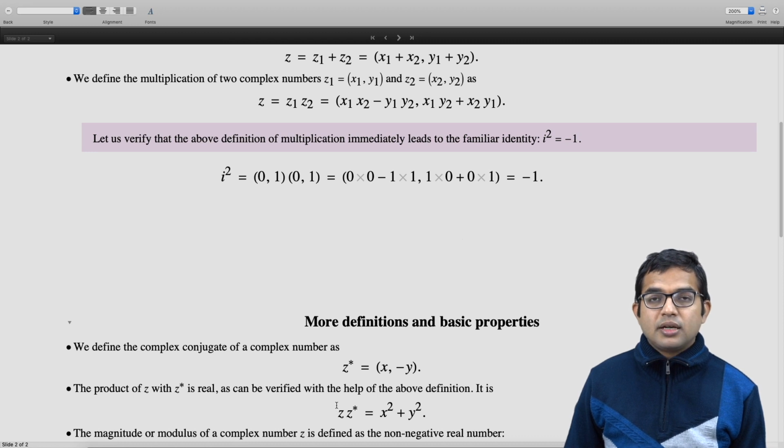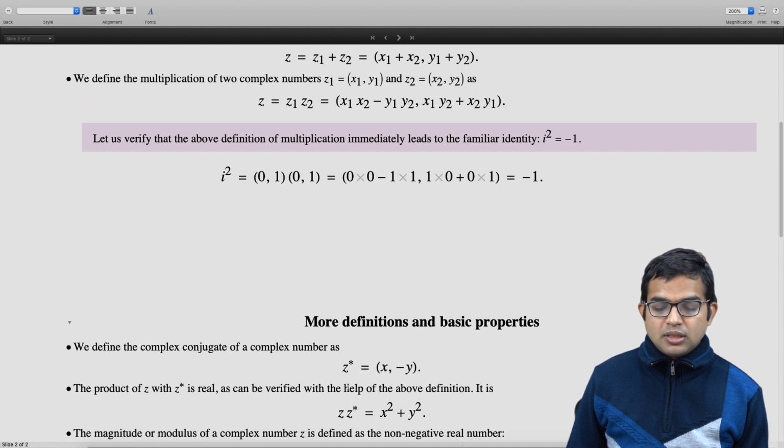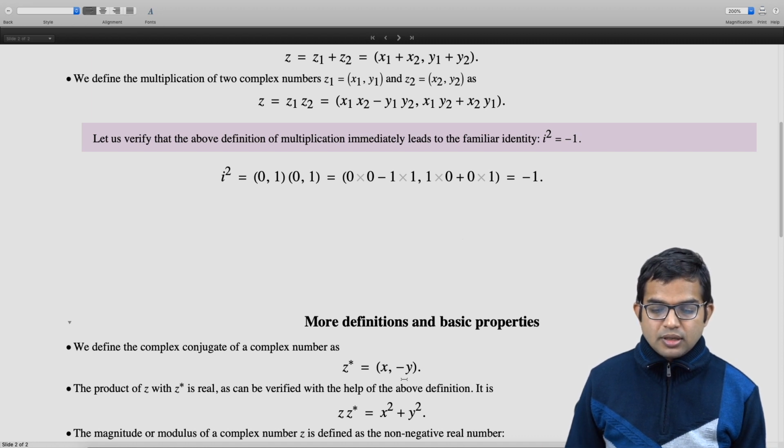You can check that z times z star is nothing but x squared plus y squared, or the sum of the squares of the imaginary and the real part of the complex number, right? And of course the complex conjugate of the complex conjugate of a complex number is itself, because minus y, you get a minus two times, and then you return to the original complex number itself.